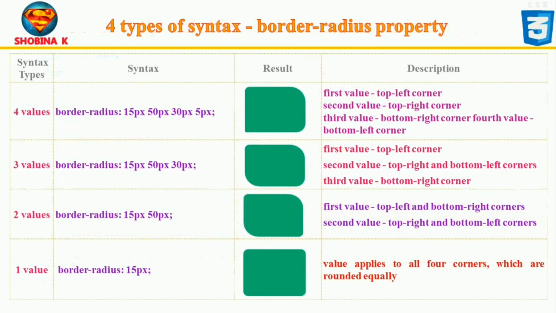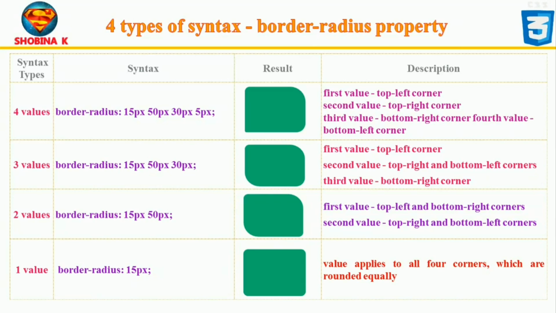This property can have from 1 to 4 values. If 4 values are given, the first value is applied to the top left corner, the second value is applied to the top right corner, the third value is applied to the bottom right corner, and the fourth value is applied to the bottom left corner. If three values are given, the first value is applied to the top left corner, the second value is applied to top right and bottom left corners, and the third value is applied to the bottom right corner.